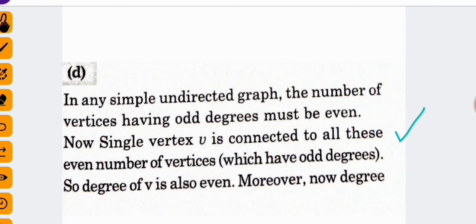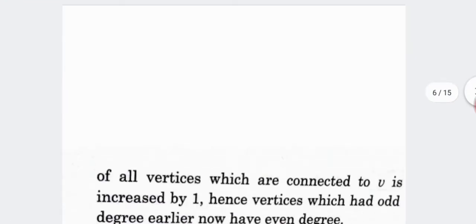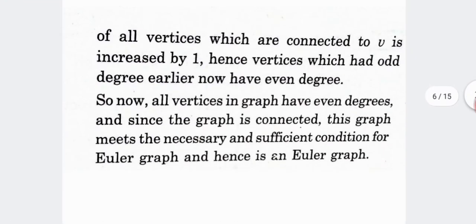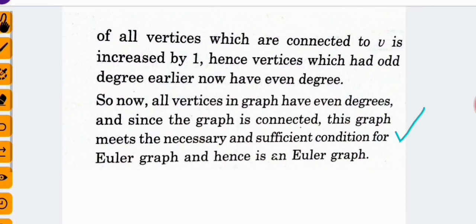Moreover, the degree of all the vertices which are connected to V is increased by 1. Hence, the vertices which had odd degree earlier now have even degree. So now all the vertices in the graph have even degree, and since the graph is connected, this graph meets the necessary and sufficient conditions of an Euler graph. Hence, it is your Euler graph.